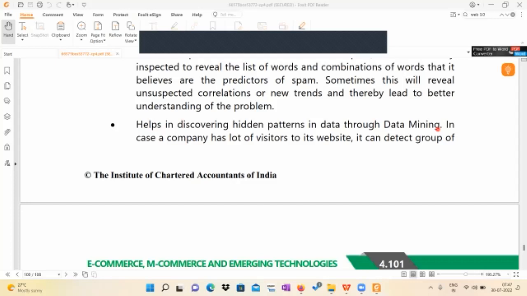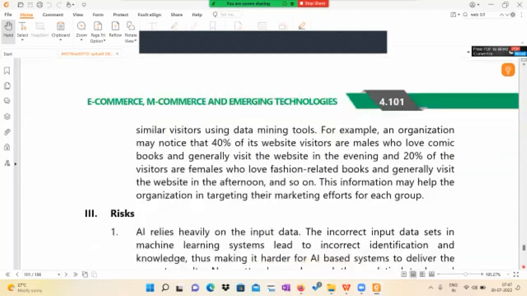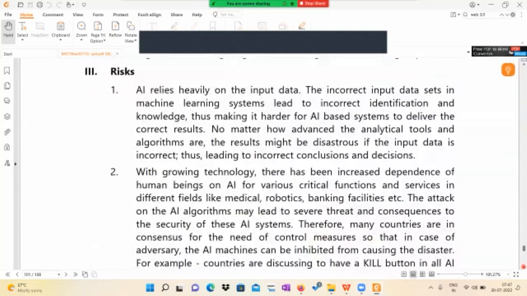So accordingly, they take marketing decisions. So this is all about data mining. Data mining is nothing but the extraction of hidden patterns in the data.